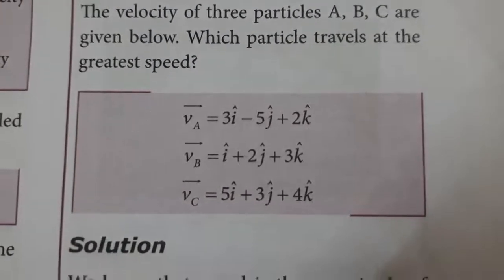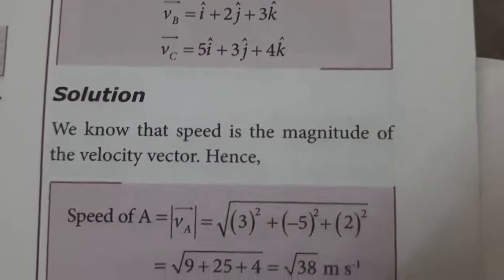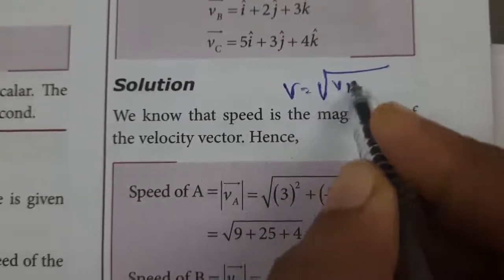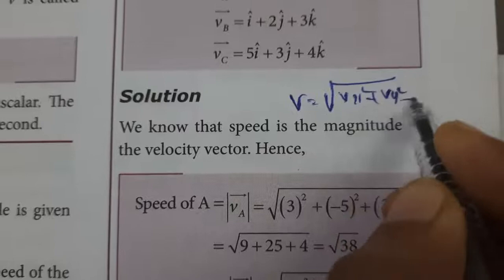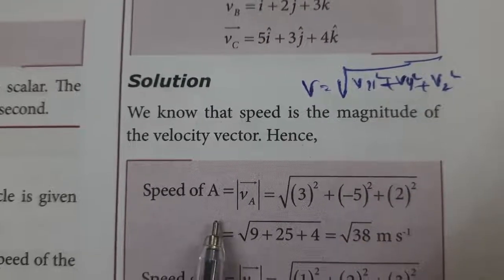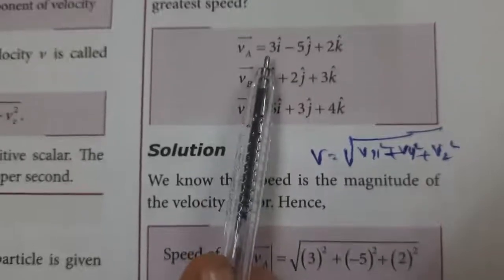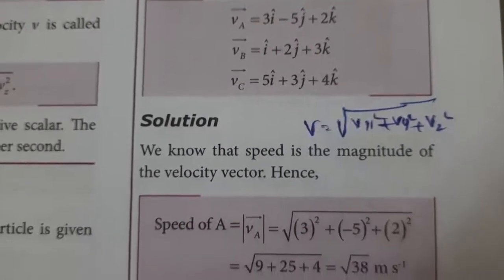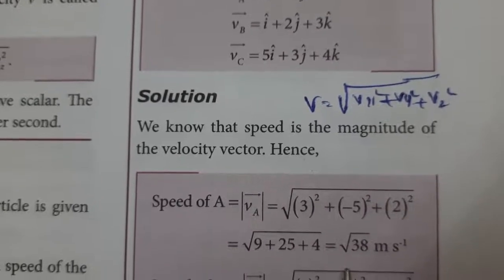Okay. So, the solution: speed means nothing but the formula is what? v is equal to root of vx square plus vy square plus vz square. Isn't it? So, speed of A is root of 3 square plus minus 5 the whole square plus 2 square. So, we will get root of 38.